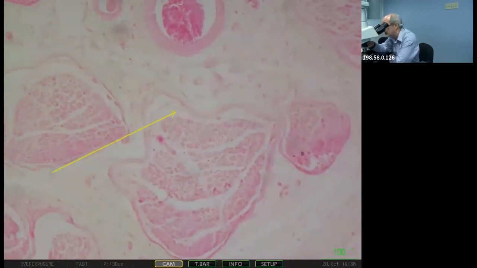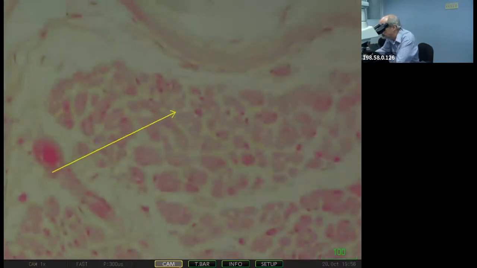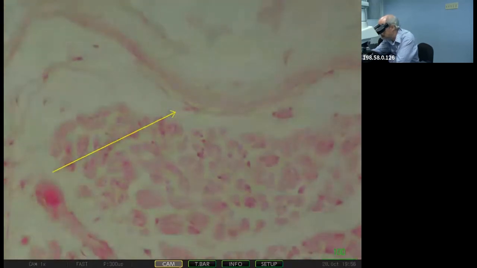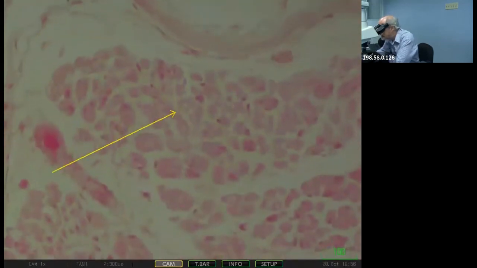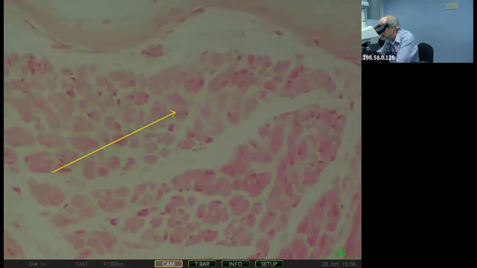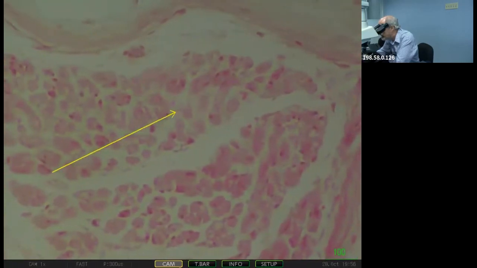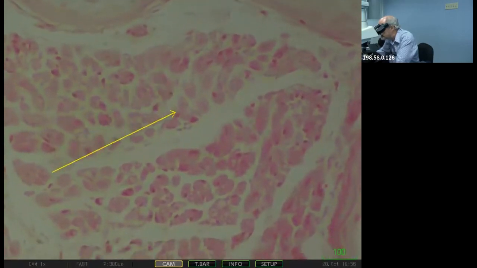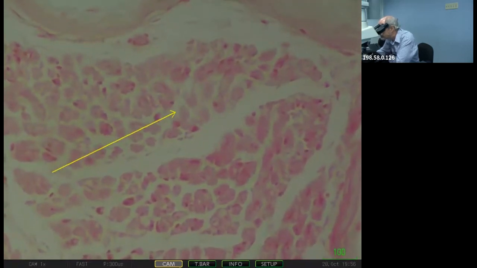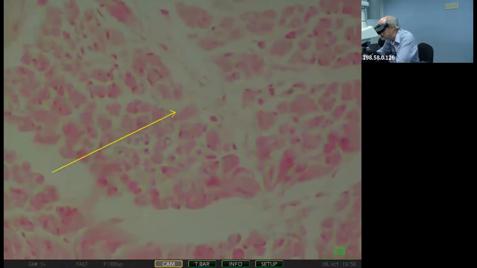Let me go at higher magnification. So this is the perineurium which is here. And here you will have some nerve fibers, which are cut transversally. And between each nerve fiber, which we don't see very well, you will have some endoneurium.